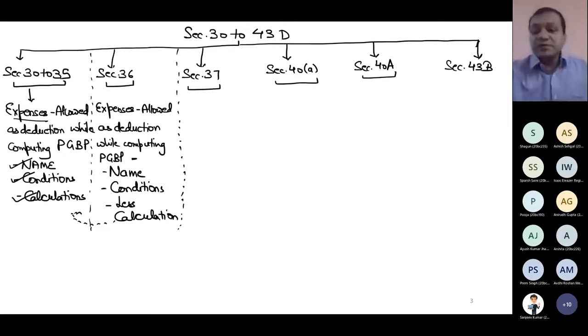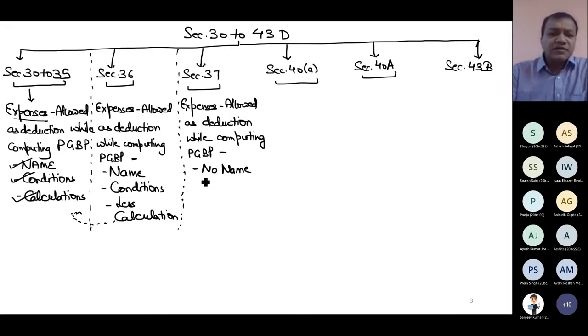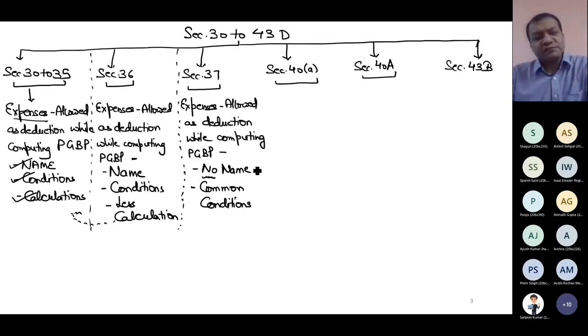But in business, there may be crores of expenses. So the Act cannot cover each and every expenditure. So section 37 also constitutes expenses which are allowed as deduction while computing PGBP. This section does not have any name. Expenses which are allowed don't have their own identity, but some common conditions are given for the expenses of section 37.